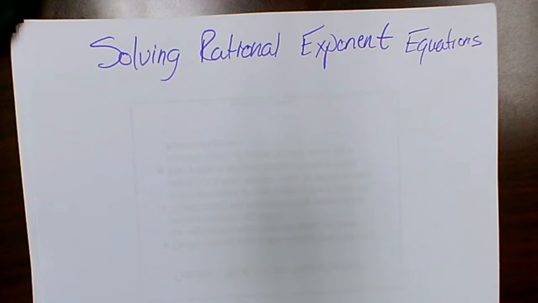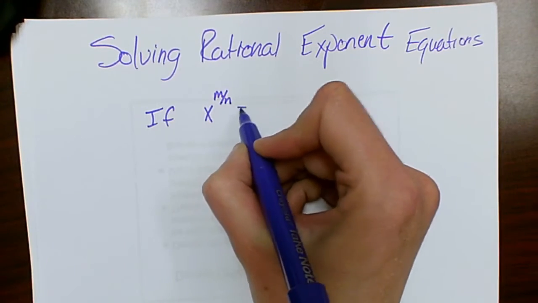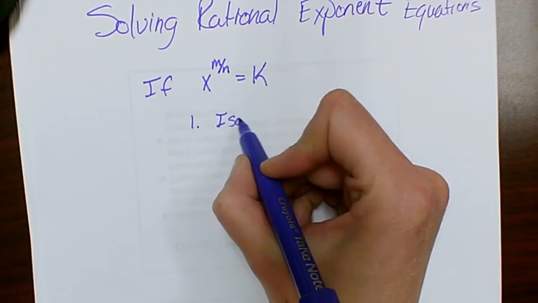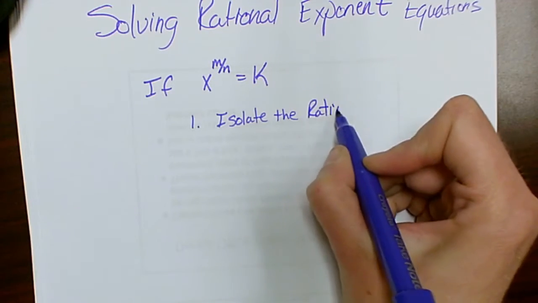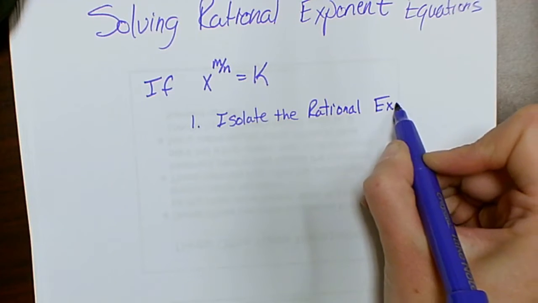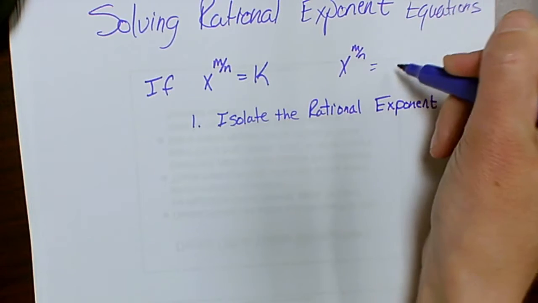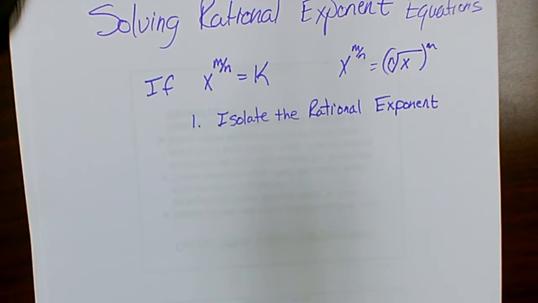We will now solve rational exponent equations, or equations with rational exponents. So if we have x to the m over n equaling some number k, we are going to first make sure we isolate the rational exponent, because essentially we have a radical when we have rational exponents.